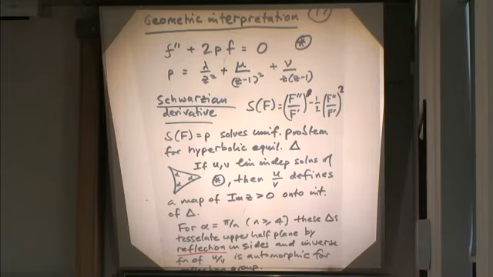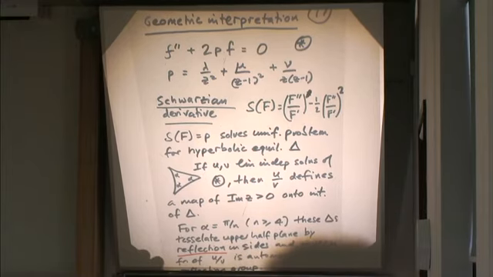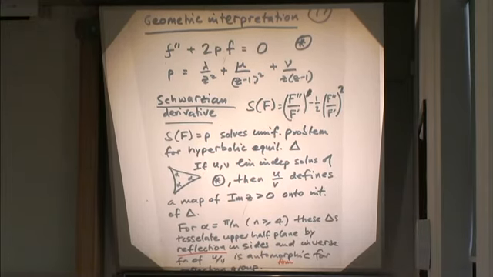And then, if you reflect in the sides and invert the function u over v, you get an automorphic form for that reflection group, the reflection group in the sides of that triangle. It will have some anti-holomorphic things in. If you take something of index 2, you'll just get a usual Fuchsian group.